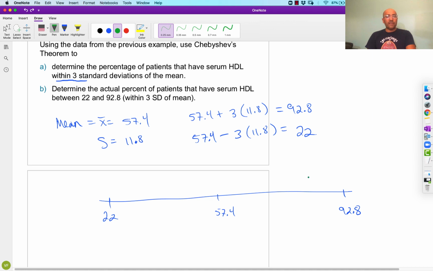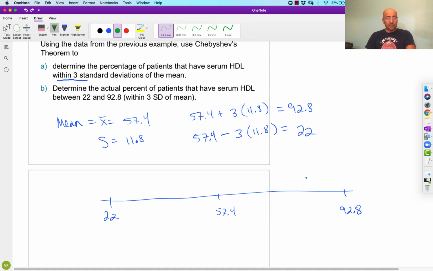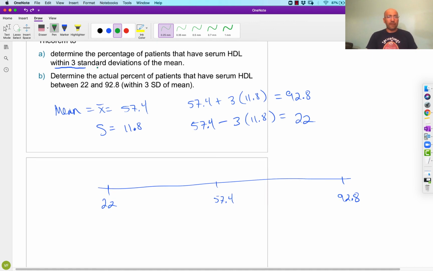inequality, which says that we should have at least the percentage from that equation, right? So the equation was 1 minus 1 over k squared times 100%. So in our case, we're going this way by multiples of 3. So in this case, k equals 3 because we want to be within 3 standard deviations.